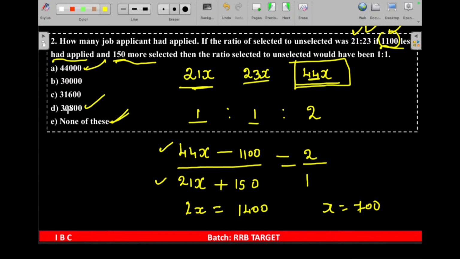See, 11 twos are 22, remaining 8, 11 eights are 88. That is also possible again. So I had not observed this; we have to take that also. This is also an 11 multiple, but the answer should be an 11 multiple. Sir, the answer is 1100 minus 100. 44 into 30,800? 1000 minus 100. Yeah, okay.